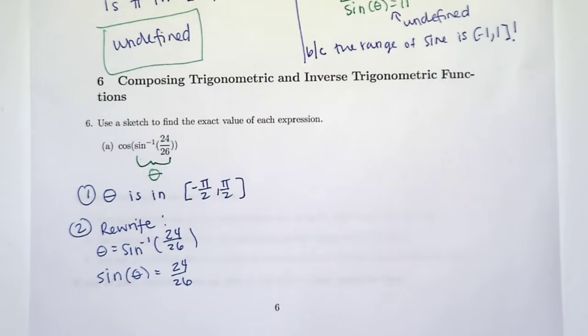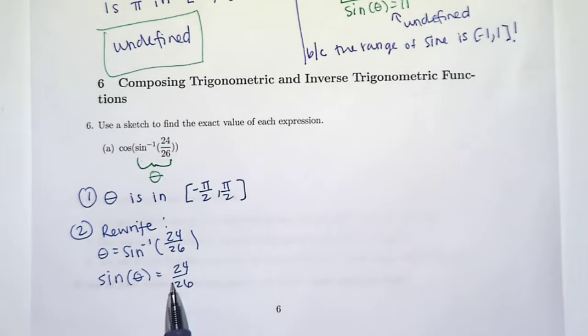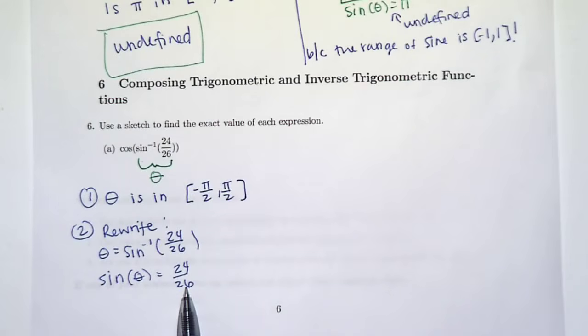Okay, so tell me, the sine is positive, is our angle going to be in quadrant 1 or quadrant 4? Where is sine positive? It's going to be in quadrant 1.